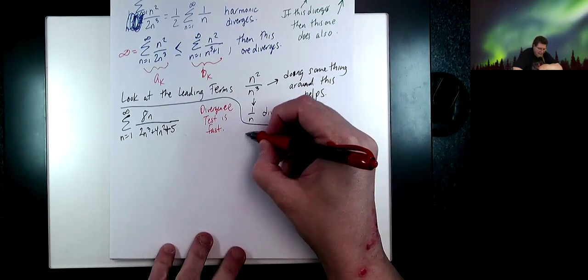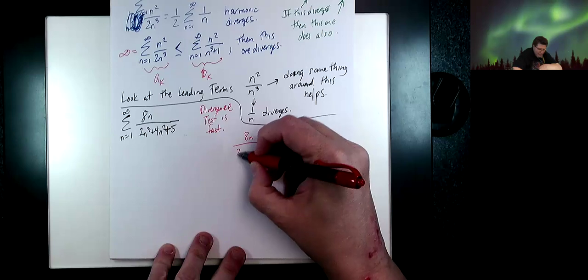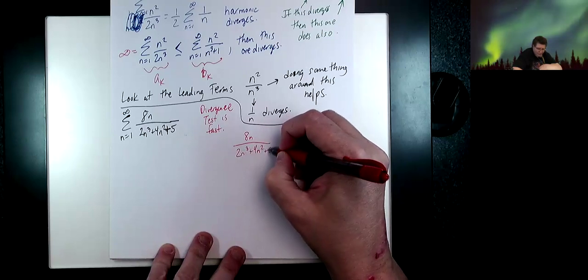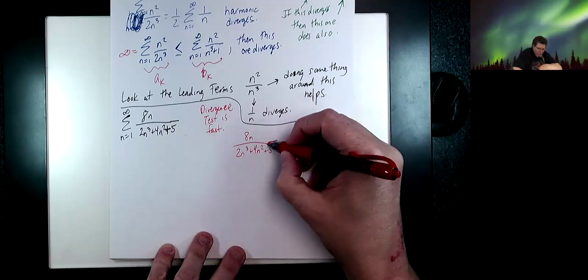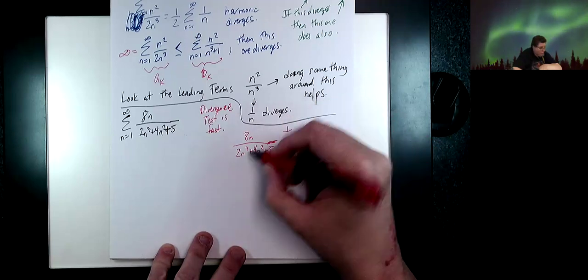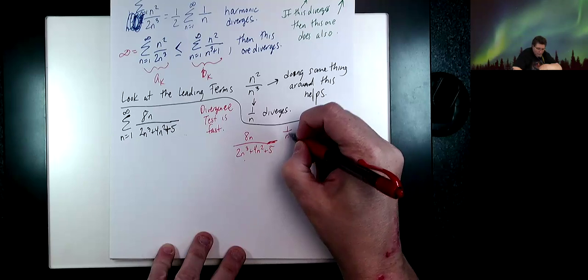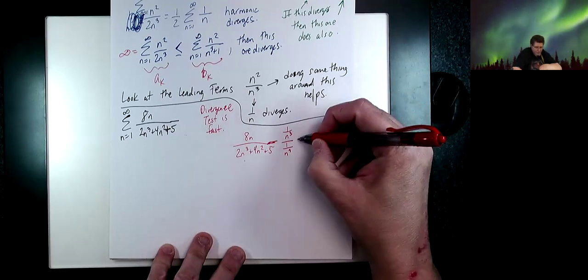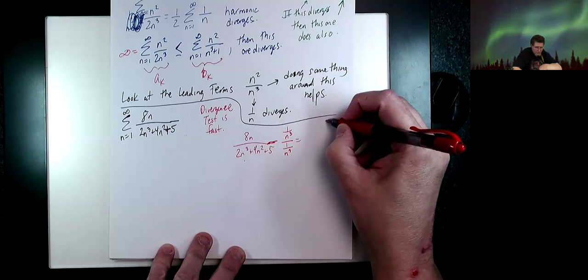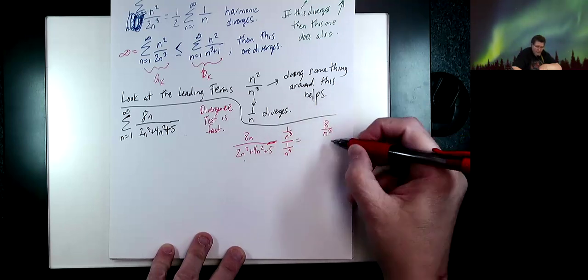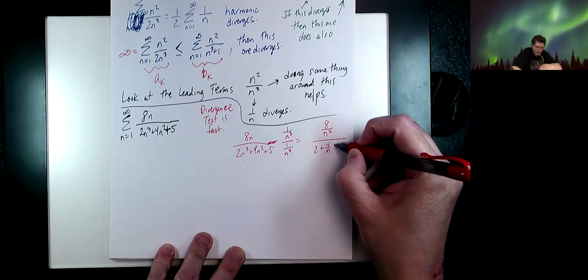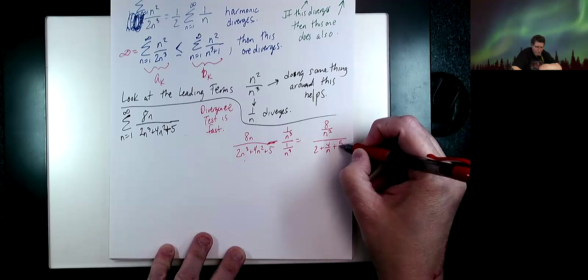I can take the 8n over 2n cubed plus 4n squared plus 5 and multiply top and bottom by the largest exponent on the bottom. Multiply top and bottom by 1/n cubed. This would get me 8/n squared on top, and 2 plus 4/n plus 5/n cubed on bottom.